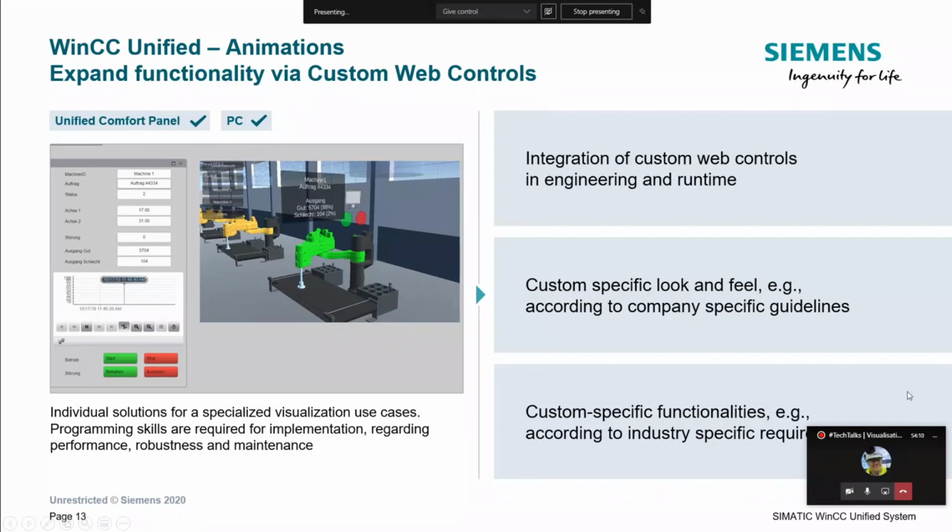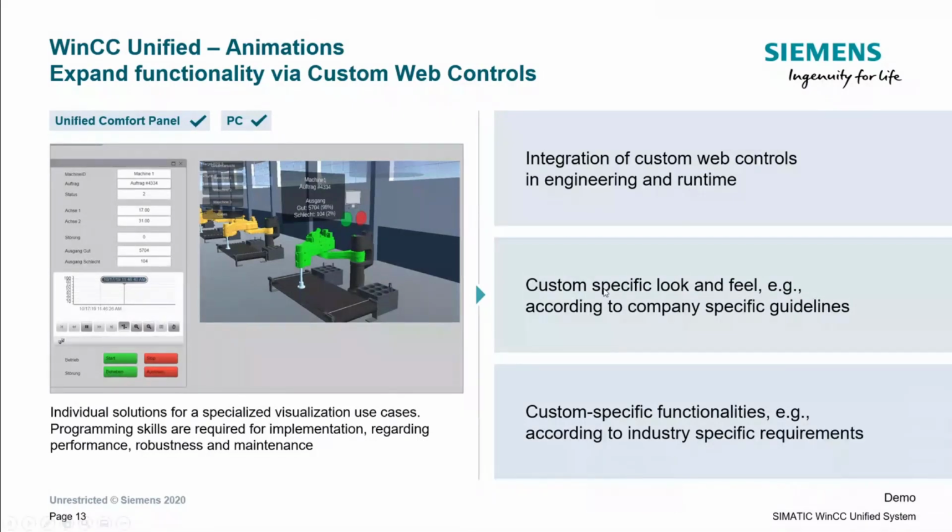Now the topic around animations, this is very powerful within WinCC Unified. A traditional way to do animations may be to use things like graphics lists and incrementing through the graphics lists in order to mimic a type of animation. Since we have the ability to program and configure things with JavaScript, we can actually control some of the object elements.